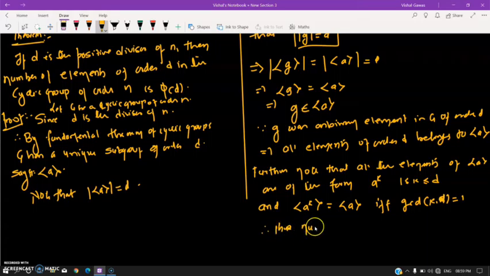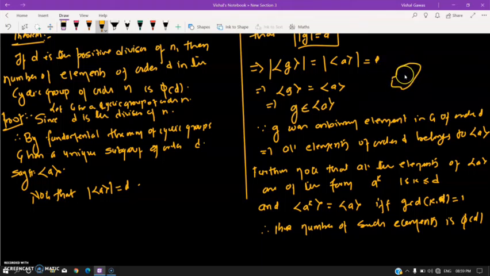The number of such elements: any element of order d must be there in the subgroup generated by a. So if that is my set, any element of order d must be here, but any element here would be of the form a raised to k, such that k is between 1 and d, and it must be relatively prime too.